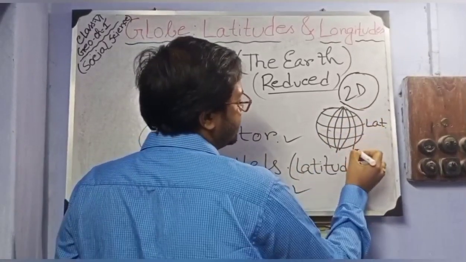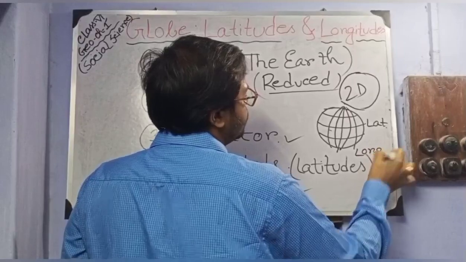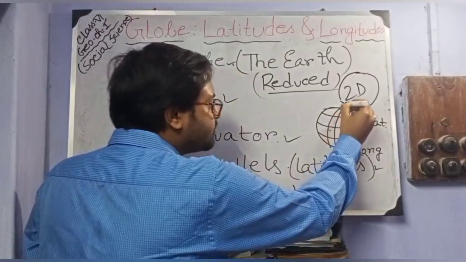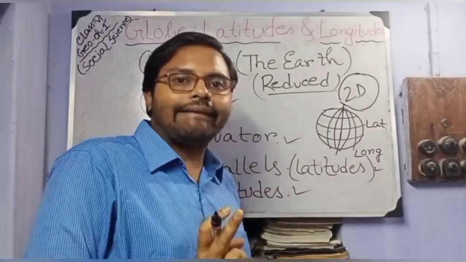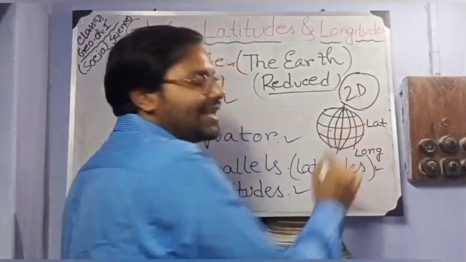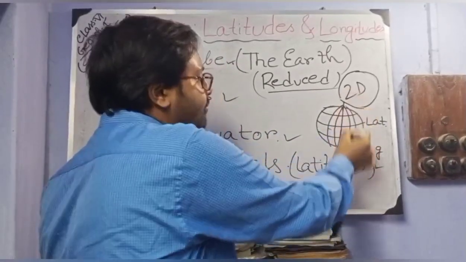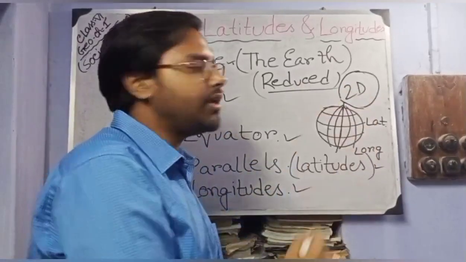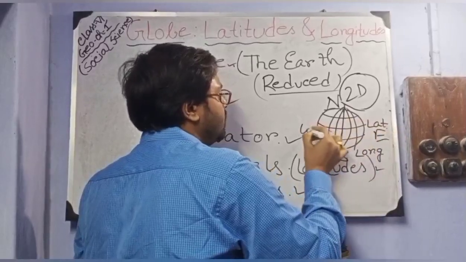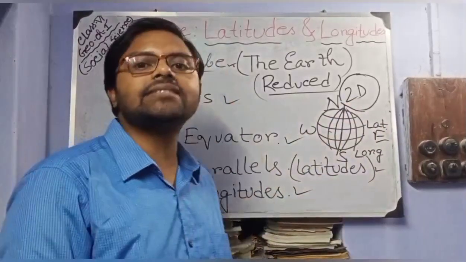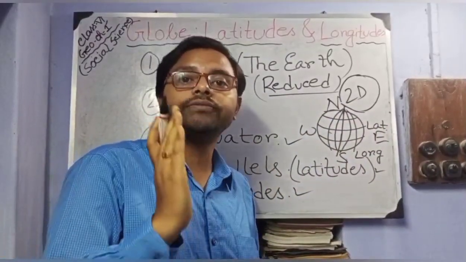All these lines are curvature lines, and the straight line which is flowing from north to south is known as the axis of the Earth.